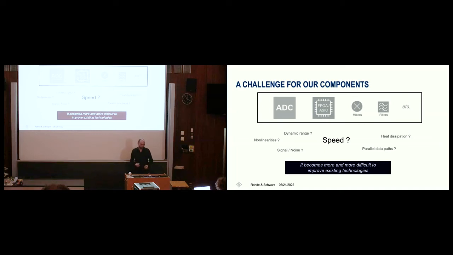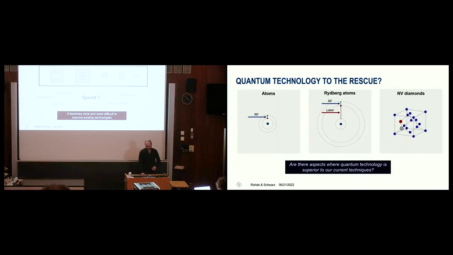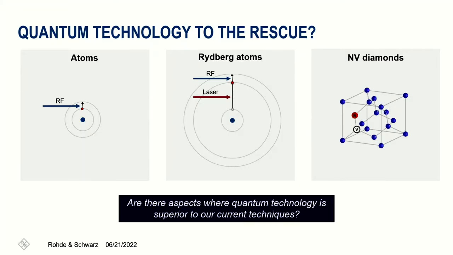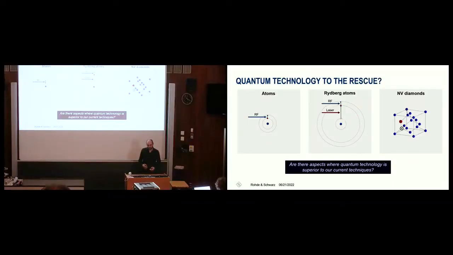And the question is, are there solutions to this problem by maybe switching to other technologies? Quantum technology might be a good candidate for this. There are various groups working on quantum sensing systems with atoms, with Rydberg atoms, or with NV diamonds.